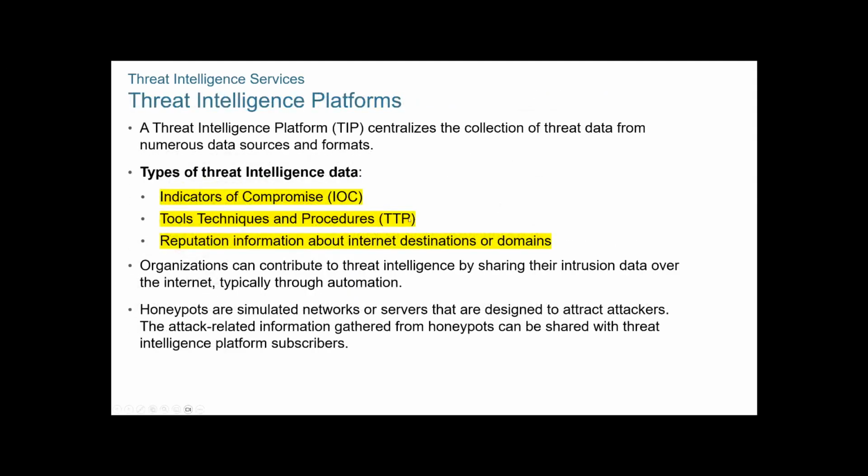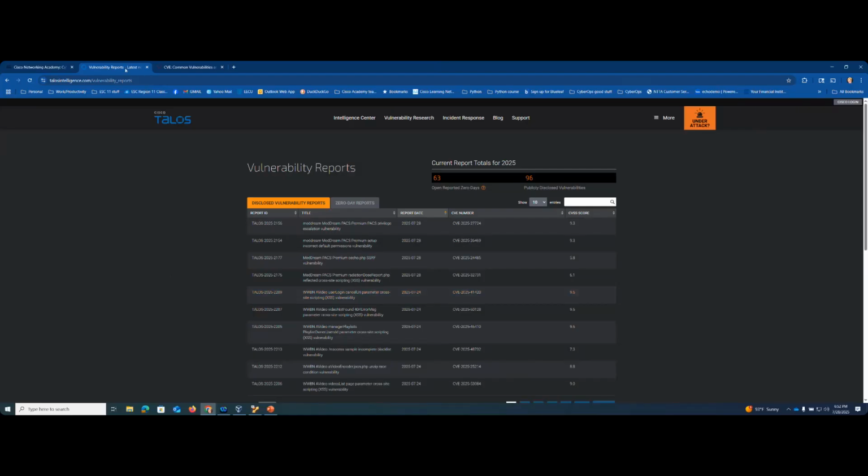So there are other threat intelligence platforms, centralized collection of threat data. We have mentioned indicators of compromise. There's tools, techniques, and procedures, reputation information. You can go look up this reputation. I believe if we look up, let's see, let's just go here.